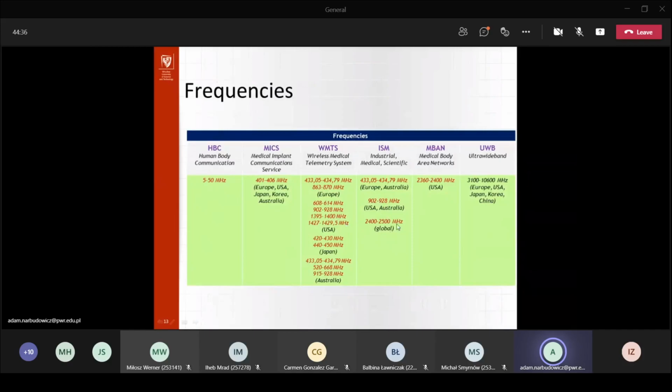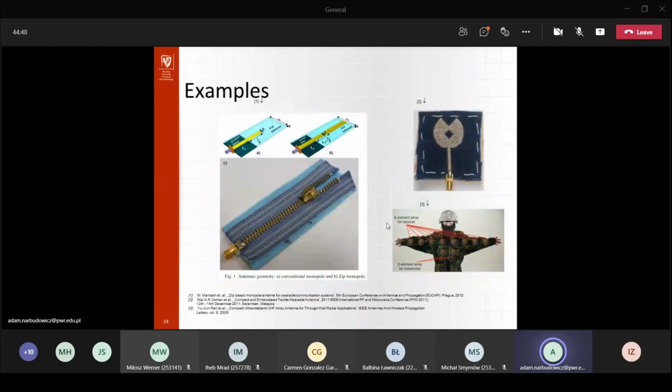Usually, though, the frequencies around 900, 433 or 2.4 are the most commonly used standards. Right. And here we also have some interesting examples of antennas in this context. This is on-body antennas.